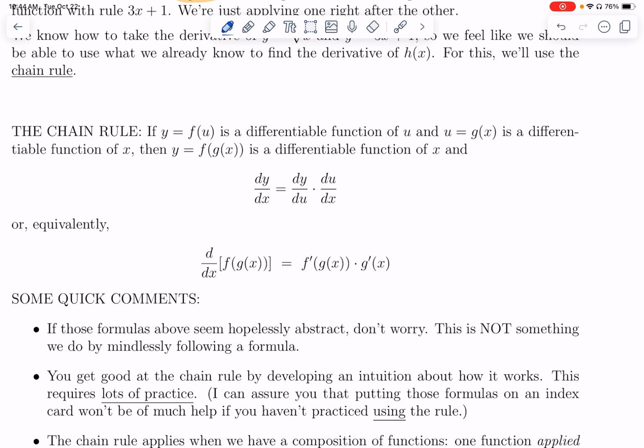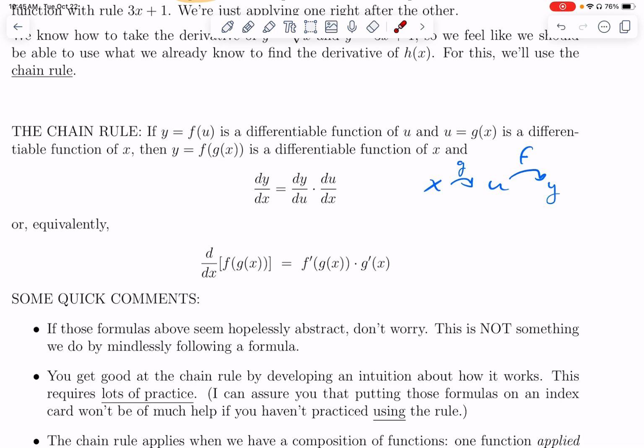Let's imagine that we have a function where y is f of u. So essentially, I apply the function f to u to get y. And then we also have that u is g of x. So what's happening is we get from x to y through this intermediate stage. I apply g to get something, and then I apply f to get something.